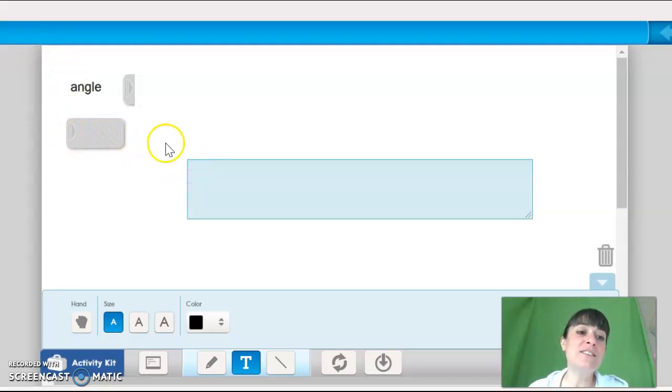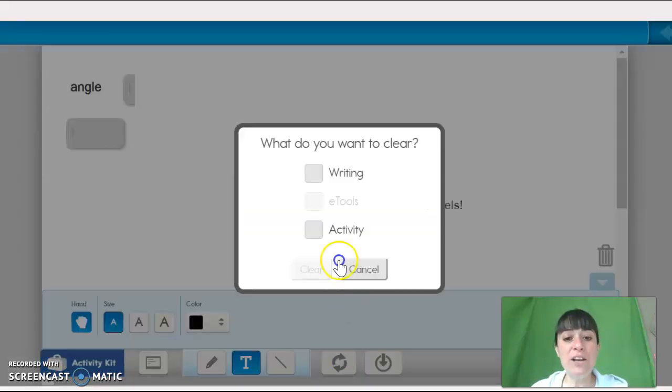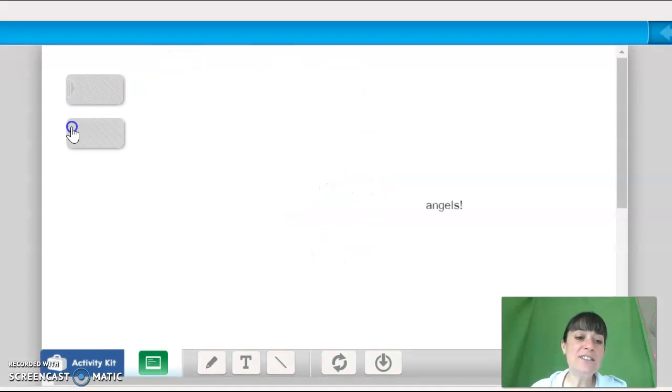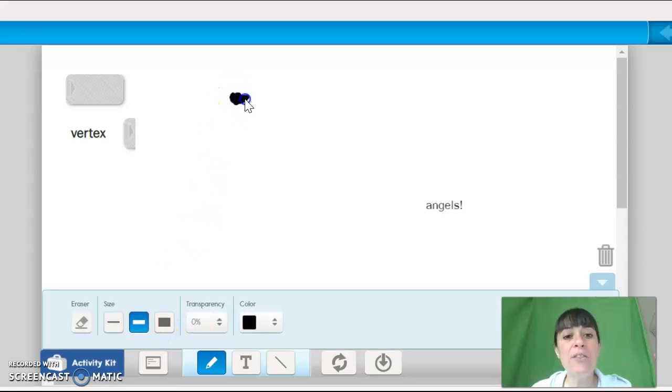Angles have two things. They have a vertex and they have a set of information called their rays. So we're going to go ahead and clear off this activity and take a look at vertex. A vertex is basically a point in space. We've talked about points before when we think about other angles.